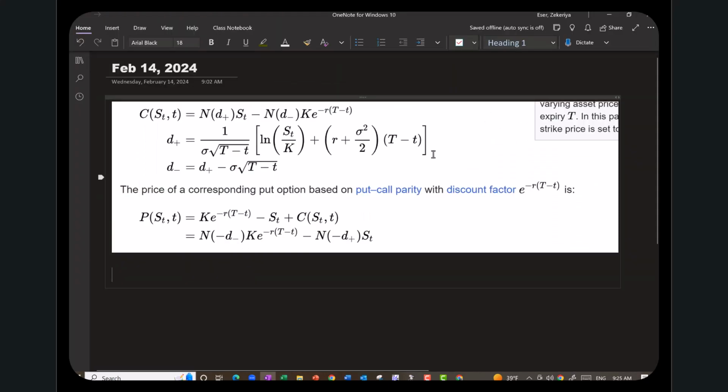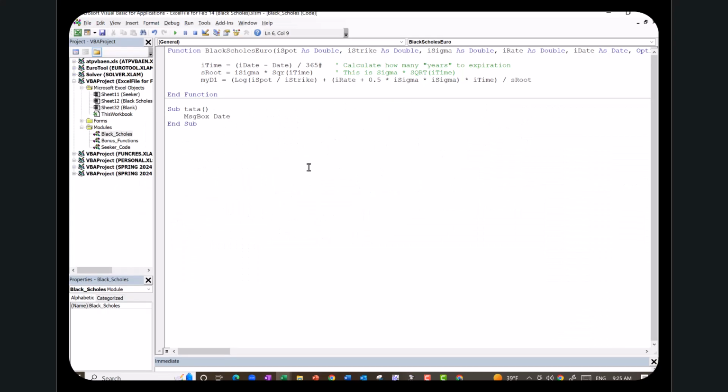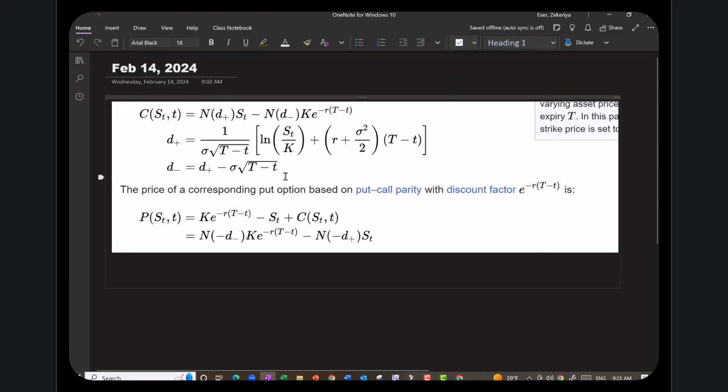So I have my d1, let's do d2. My d2 is my d1 minus sRoot right here. I'm going to need e to the power of that thing times strike, which is basically the present value of strike.